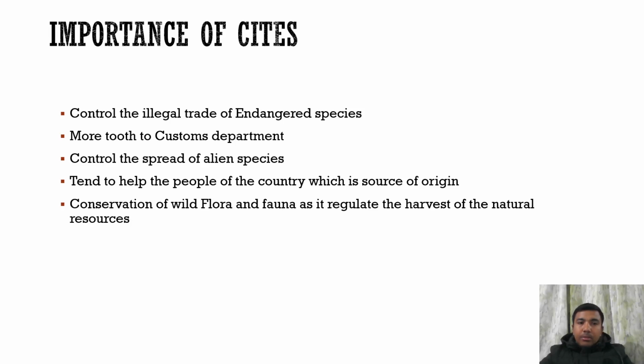And CITES also tends to help the people of the country where the plant or animal is found, because if the proliferators are checked, the illegal trade is checked, so it is likely to benefit the local people of that country. And overall, it's helping in conservation of wild flora and fauna, as the harvest of natural resources is being regulated.